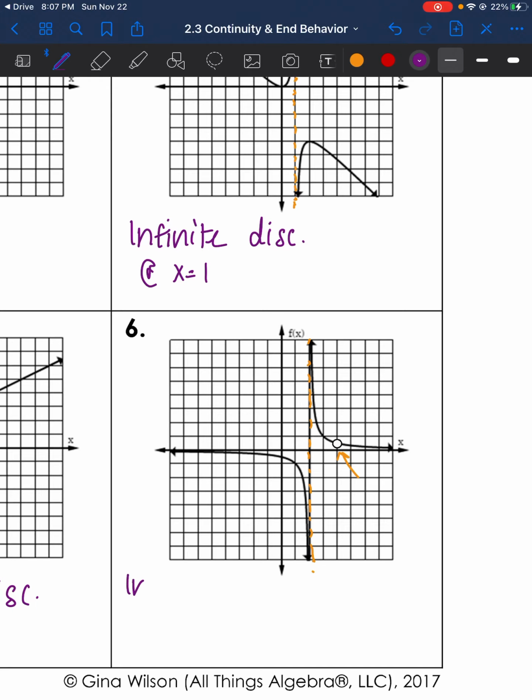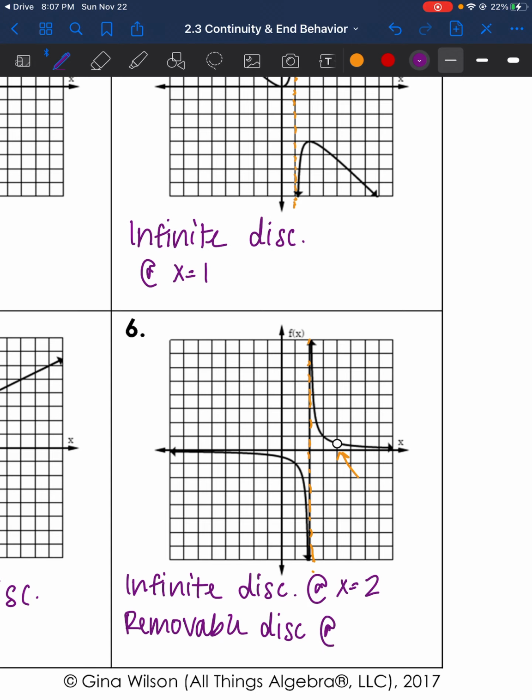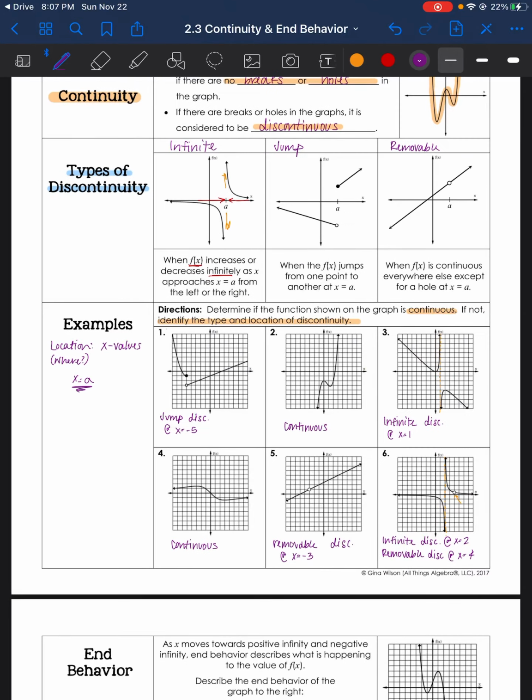That is an infinite discontinuity, and this occurs at x equals 2. And then the hole, we have a removable discontinuity at x is equal to 4. All right, and that's all for continuity.